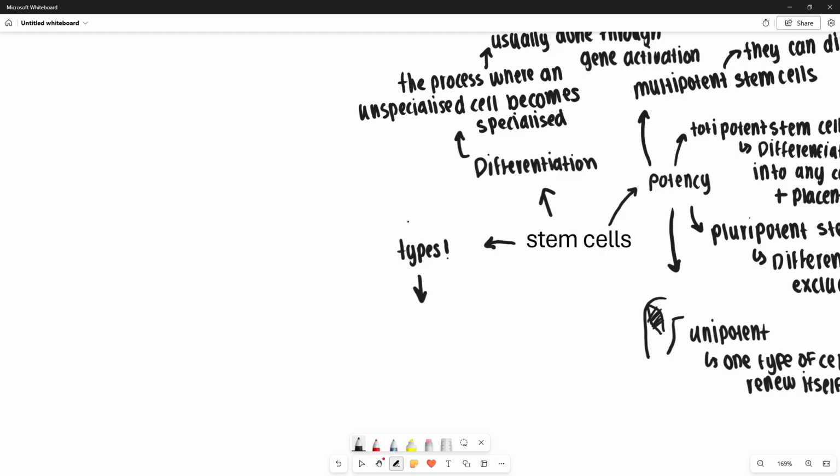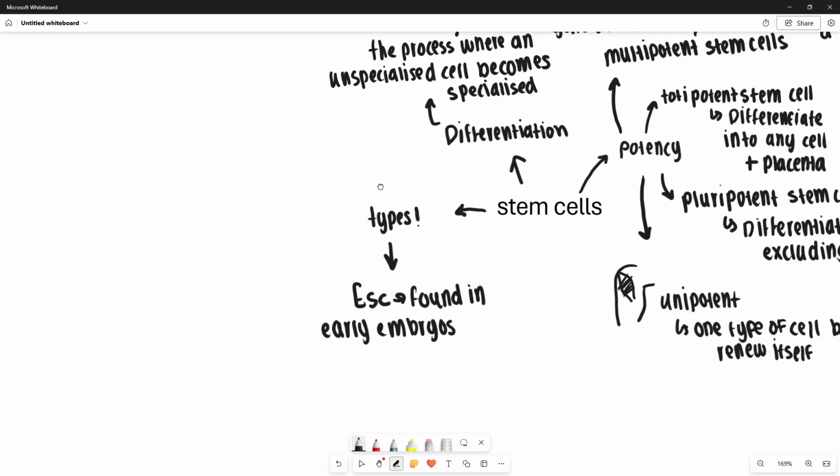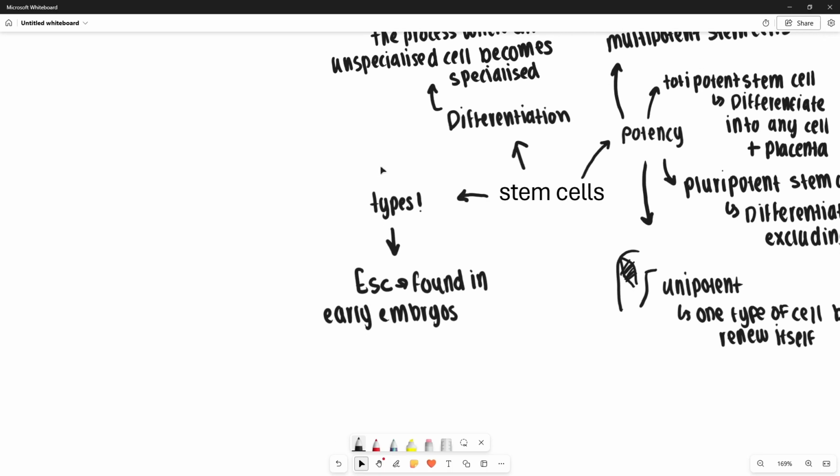I'm just going to shorten it to ESCs, embryonic stem cells, found in early embryos. The reason these are sought after is because they can divide indefinitely. So it's really good for research, which we'll go over later.